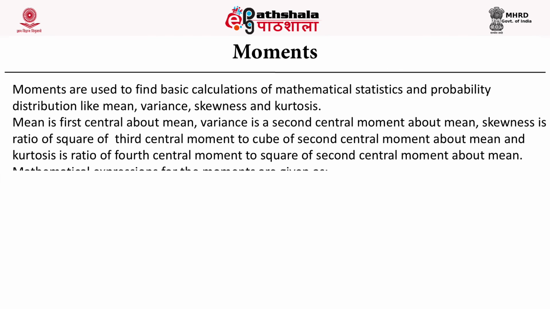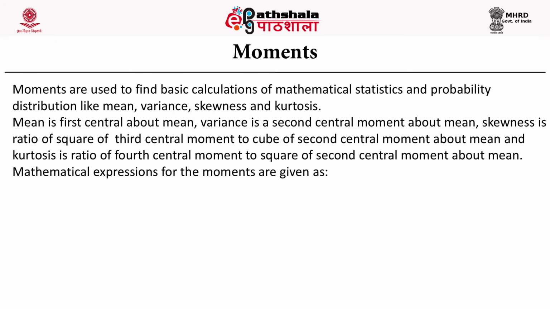Mean is the first central moment about the mean, variance is the second central moment about the mean, skewness is the ratio of the square of the third central moment to the cube of the second central moment about the mean, and kurtosis is the ratio of the fourth central moment to the square of the second central moment about the mean.